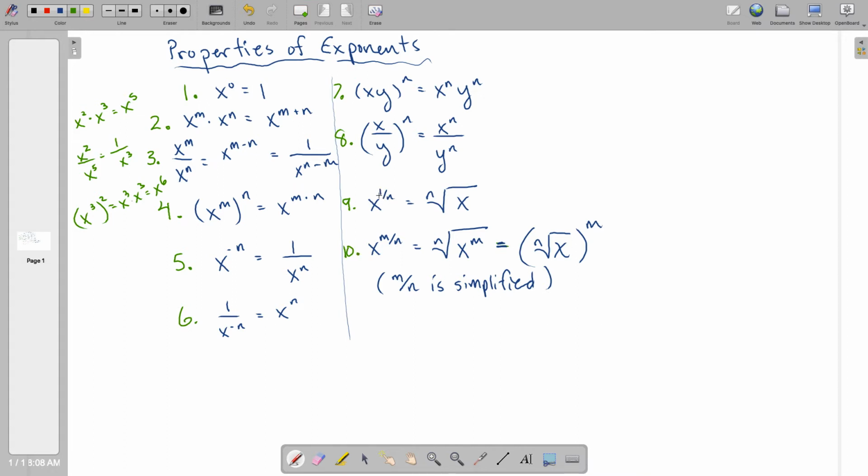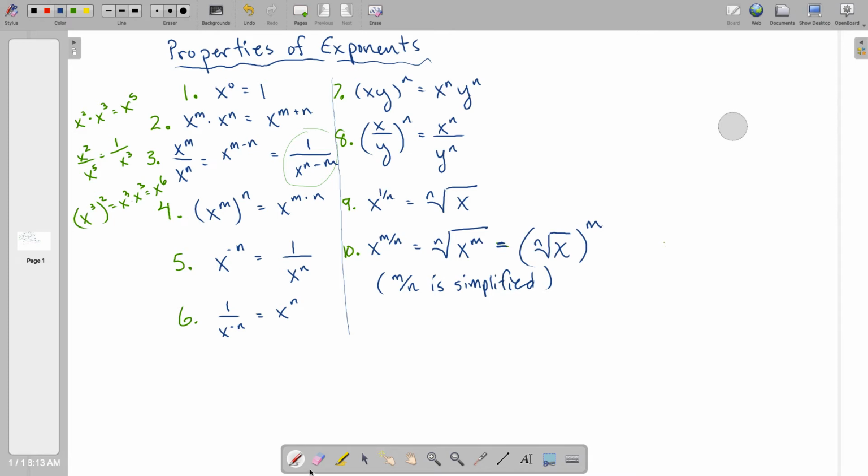Well, if you have a fraction that looks like 1 over n, that's just going to be the nth root of x. And then if you have something besides 1 in the numerator of the fraction, then that would be the nth root of x to the m power. Or you could also do it this way, the nth root of x all raised to the m power. So you can do that in either manner. The catch is you've got to make sure that fraction was simplified to begin with.